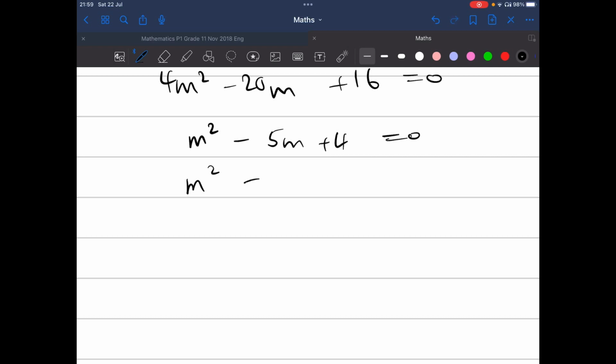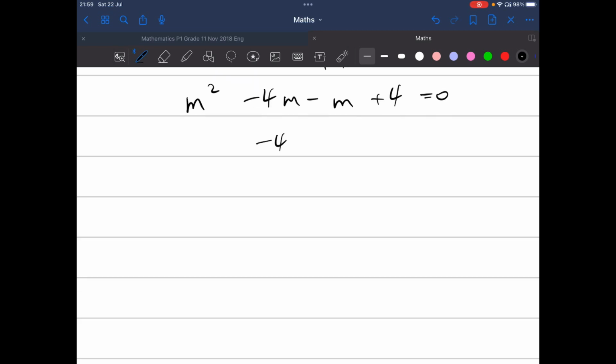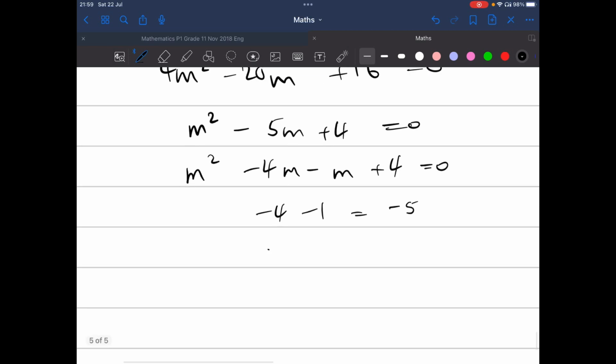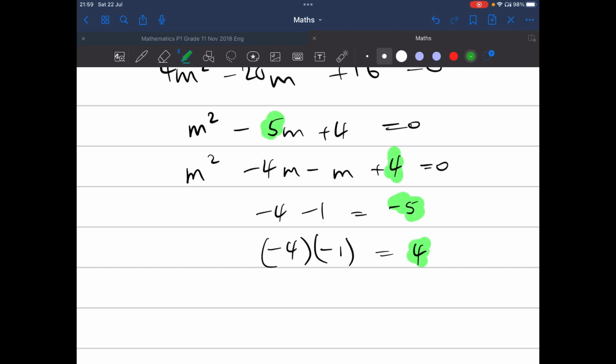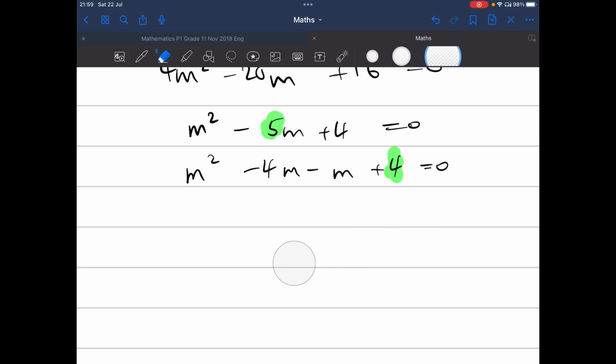Well, let's think. Let's try minus 4m minus 1m, right? Now if I take minus 4 minus 1, I get minus 5. And if I take minus 4 times minus 1, I get 4. So that works because I get minus 5 when I add them and 4 when I multiply them.